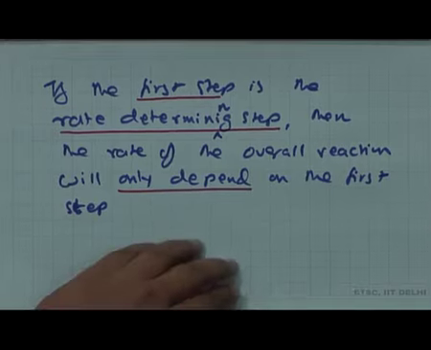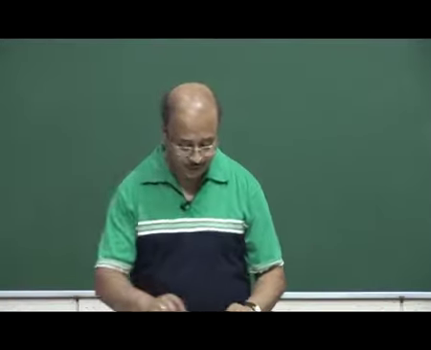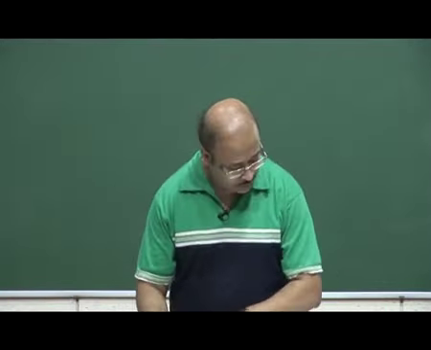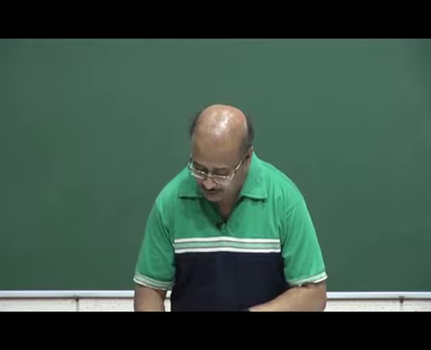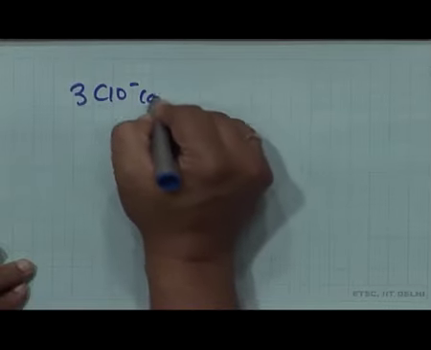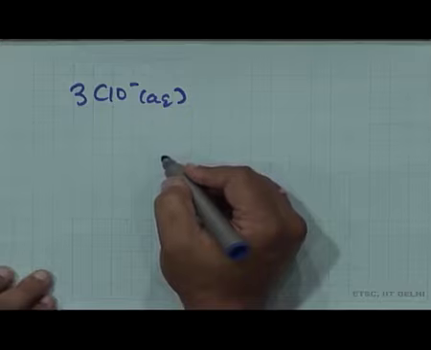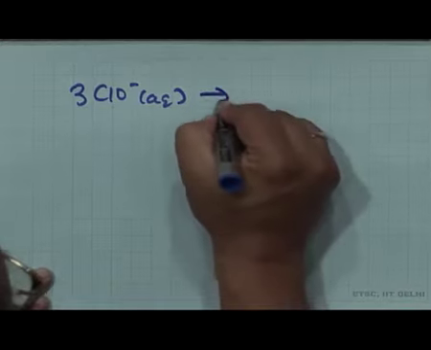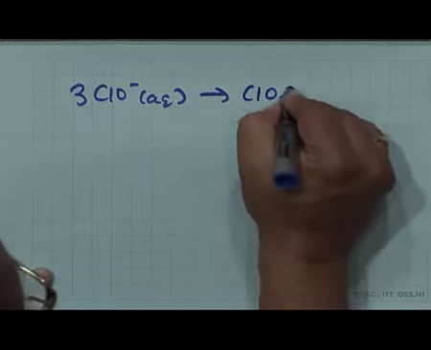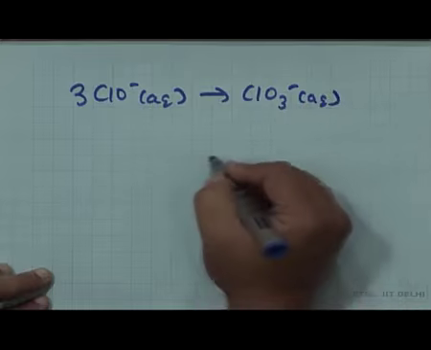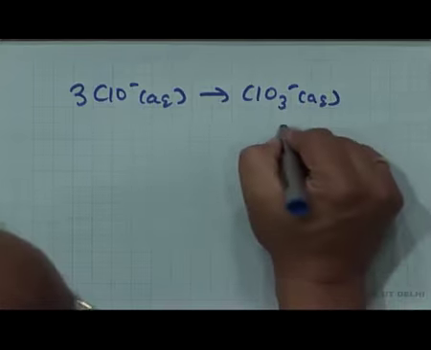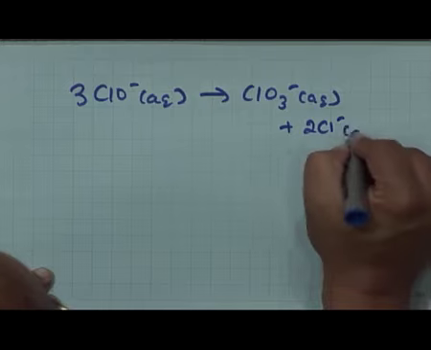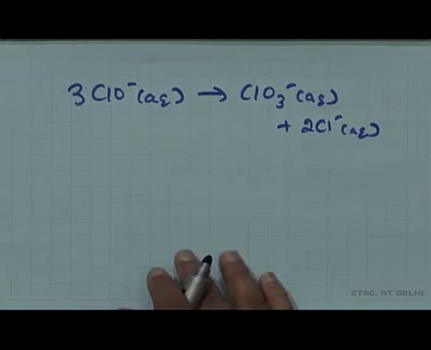So as usual, let us take an example. So let us have 3 ClO minus going to ClO3 minus plus 2 Cl minus aqueous.